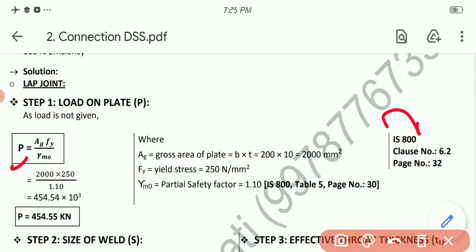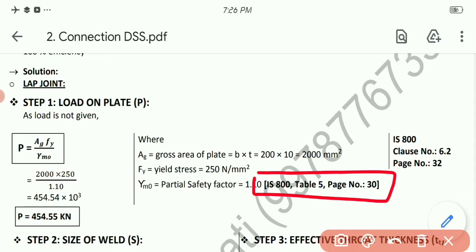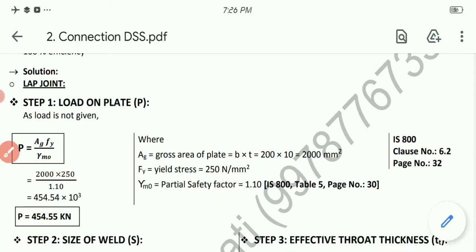Unknown parameters: Ag means gross area of the plate. The plate's dimensions are 200 cross 10 mm, so 200 cross 10, we get the area, that is 2000 mm square. Fy, that is yield strength of steel, is always taken as 250 Newton per mm square, and the unknown gamma m0 is the partial safety factor. As per Table number 5, we get the partial safety factor, that is 1.10.